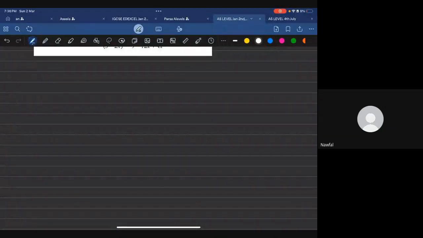For example, let's just say that you're integrating a function. If you integrate a derivative, that brings you back to the original function.